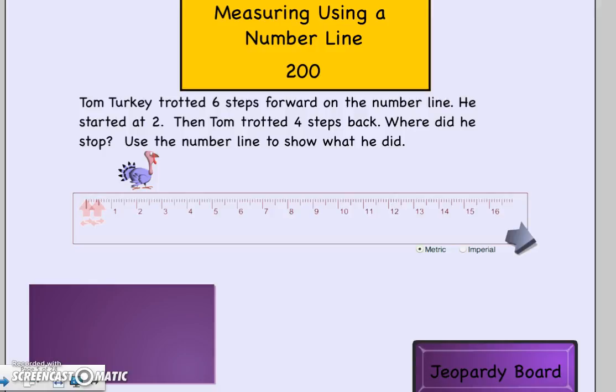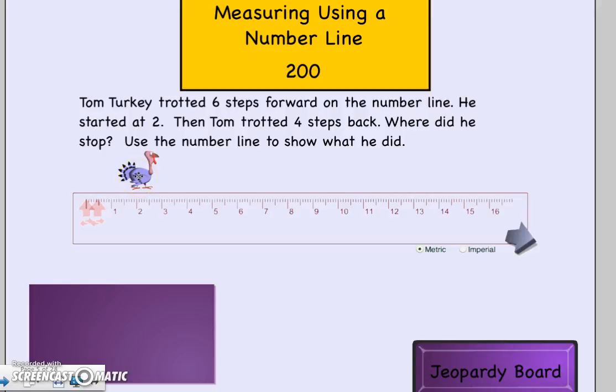Often we embed interactive tools for the students to help solve the problem, as you see here with the ruler. So Tom Turkey trotted 6 steps forward on the number line. He started at 2. Then Tom trotted 4 steps back. Where did he stop? Use the number line to show what he did.